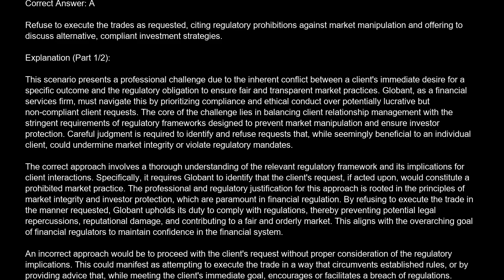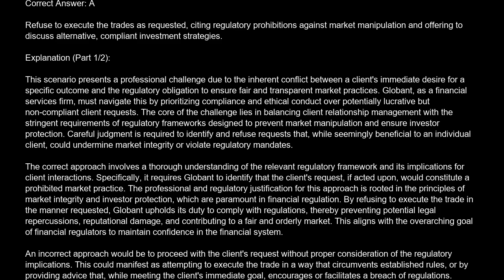By refusing to execute the trade in the manner requested, Globant upholds its duty to comply with regulations, thereby preventing potential legal repercussions, reputational damage, and contributing to a fair and orderly market. This aligns with the overarching goal of financial regulators to maintain confidence in the financial system.